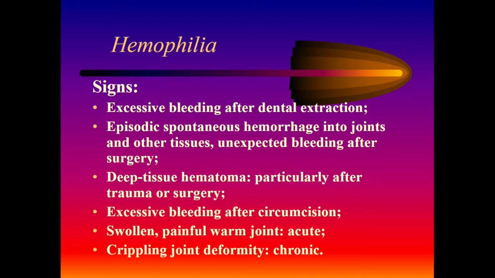Signs of hemophilia: bleeding after dental extraction, episodic spontaneous hemorrhage into joints and other tissue, unexpected bleeding after surgery, deep tissue hematoma, particularly after trauma or surgery, excessive bleeding after circumcision, swollen, painful, warm joints, acute, creeping joint deformity, especially in chronic situation.